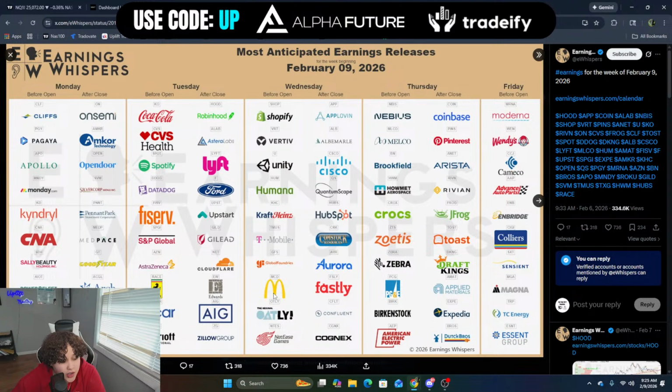I know McDonald's is part of US 30 as well, so that might be important. McDonald's is also a really big company, so I wouldn't be surprised if it shakes up US 30. Hopefully it comes out bad so US 30 goes down.